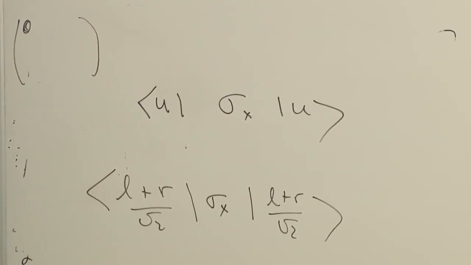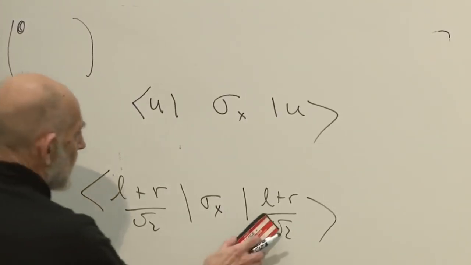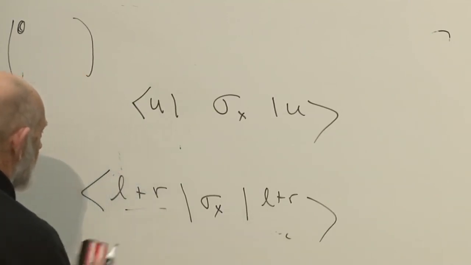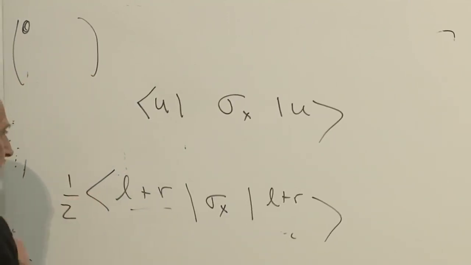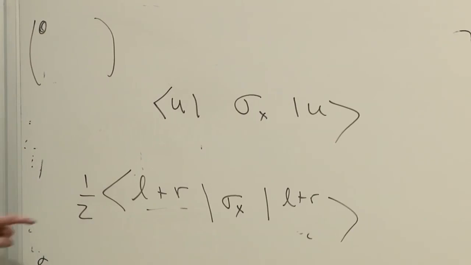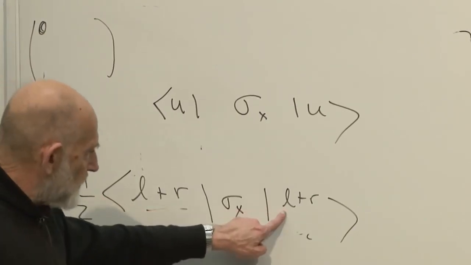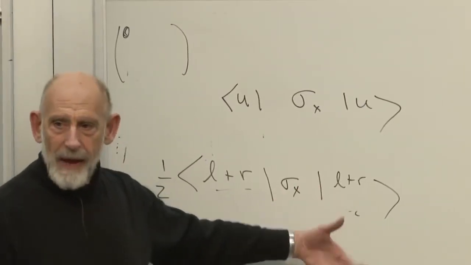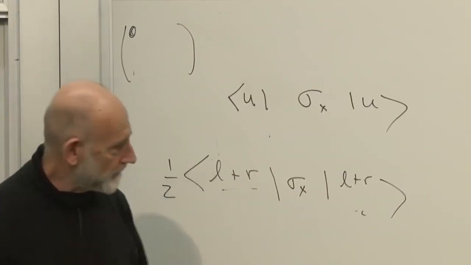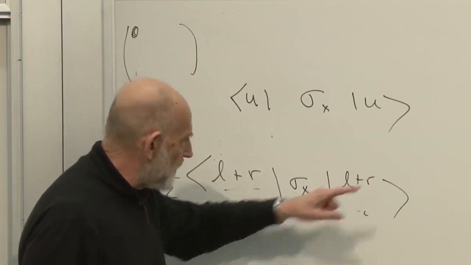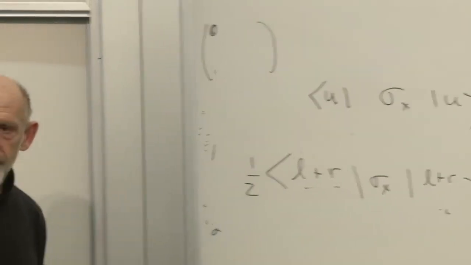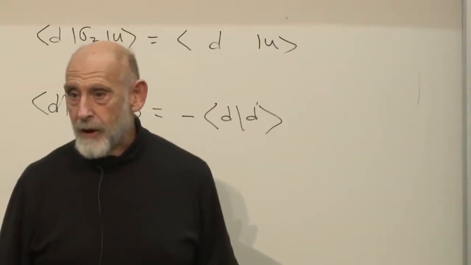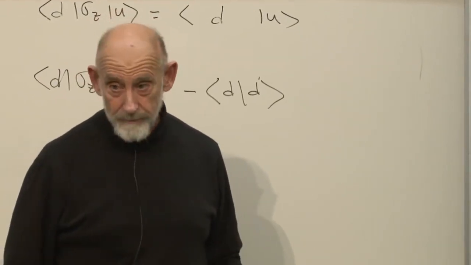All right, first of all, there's a factor of square root of 2 from here and a square root of 2 from here. That's altogether 1/2. And now let's look at this. What happens when sigma x hits left? It gives back left except with a minus sign. Right? What happens when sigma x hits right? It gives back right with a plus sign.